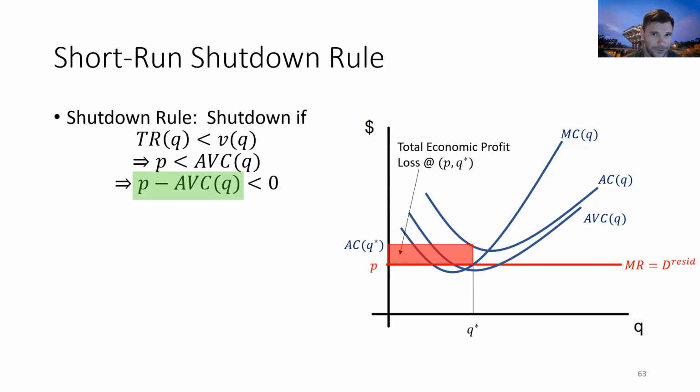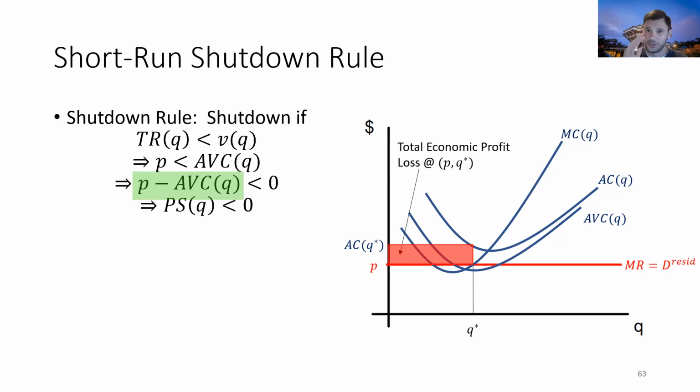You get total revenue minus total variable cost, but not including fixed cost. What is that? Yes, that is producer surplus.